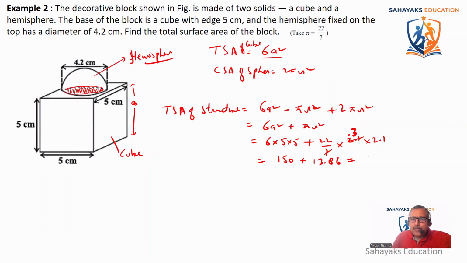So it becomes 163.86 centimeter square. So this is the area of the structure. Please remember to write the units.